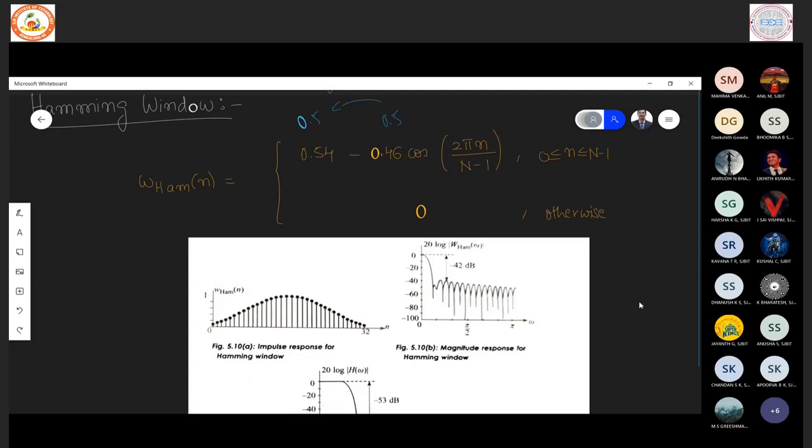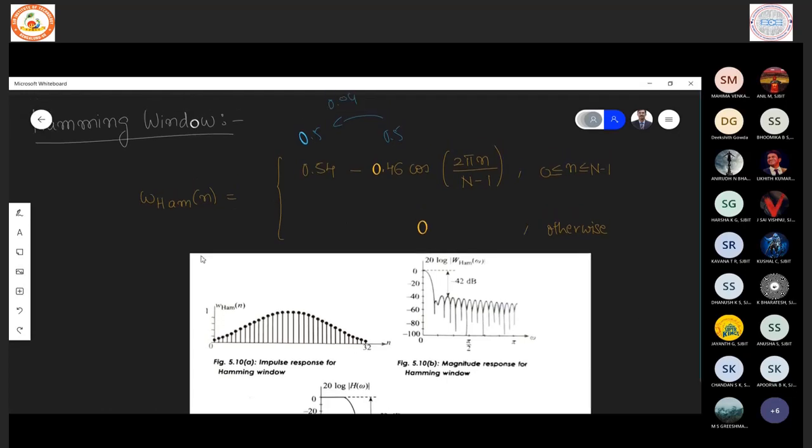The previous one is called the Hanning window. Now the function is called w_ham of n. Previously the equation was 0.5, 0.5. Here it is a small change: 0.54 minus 0.46 cos of 2 pi n divided by capital N minus 1. This is the Hamming window.